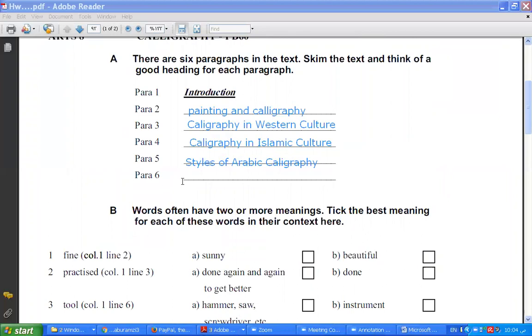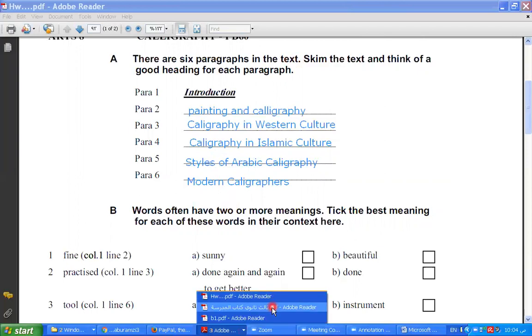Or we can say modern calligraphers. Yes, a good title, because they talked about this Lebanese artist. These titles can be changed one way or another, but the idea is there. It's the same.